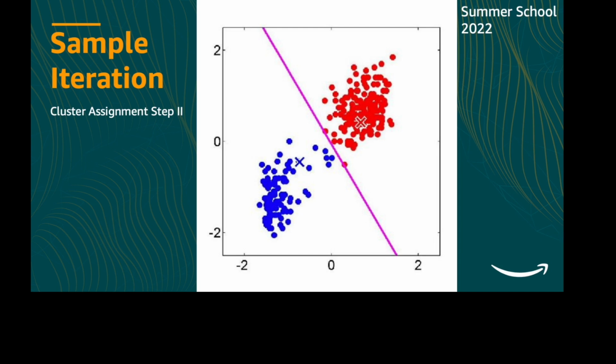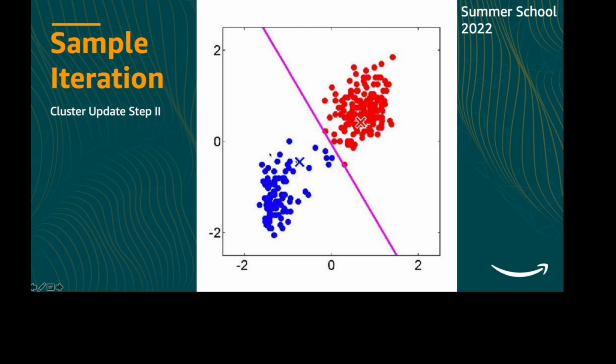Now again, the current representative of the blue cluster is not a very good representative, right? So we can again update the cluster center by resorting to step 4 for the second time. So let's take the mean of all blue data points and all red data points and update the centers.